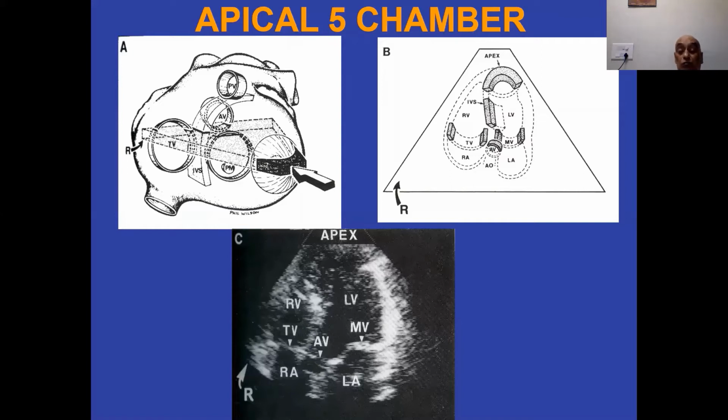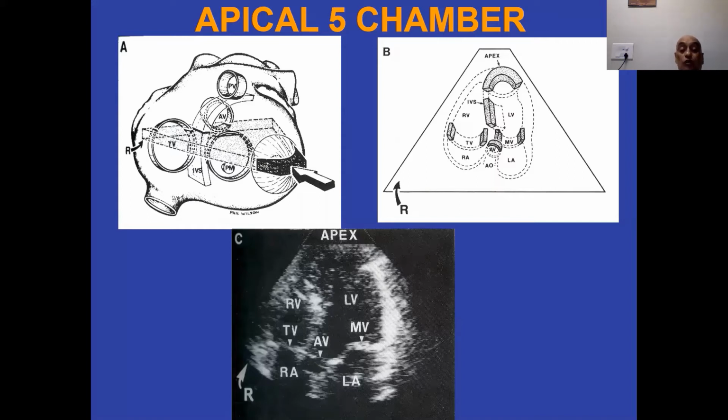Again, it's a very important view because you can look at the stroke volume of the left ventricle by taking the VTI at the left ventricular outflow tract. You can also take the gradients of the aortic valve. And you should remember that the interventricular septum you are now going to see is the anterior septum, which is going to be supplied by the LAD and not by the RCA, as was seen in the four-chamber view.